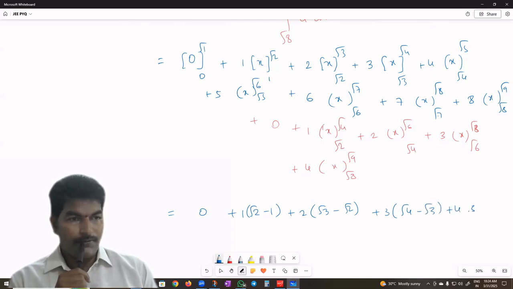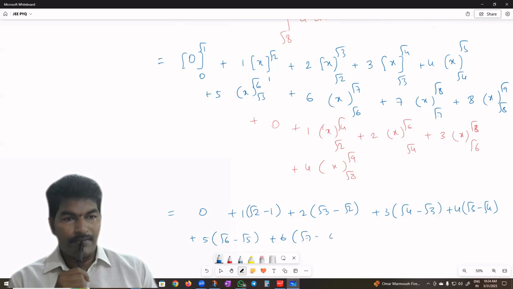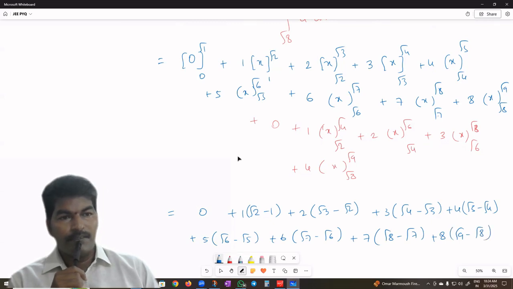So 4 into (√5 minus √4), plus 5 into (√6 minus √5), plus 6 into (√7 minus √6), plus 7 into (√8 minus √7), plus 8 into (√9 minus √8).